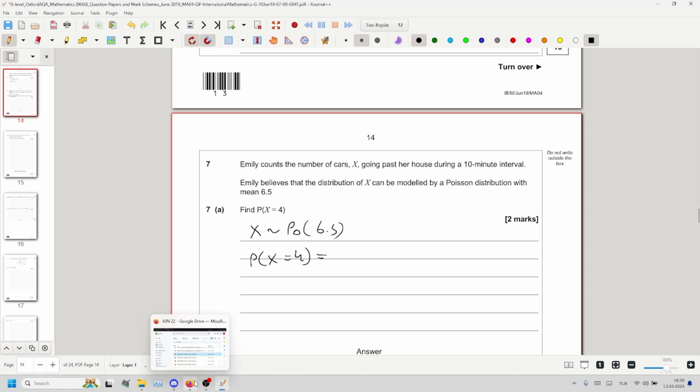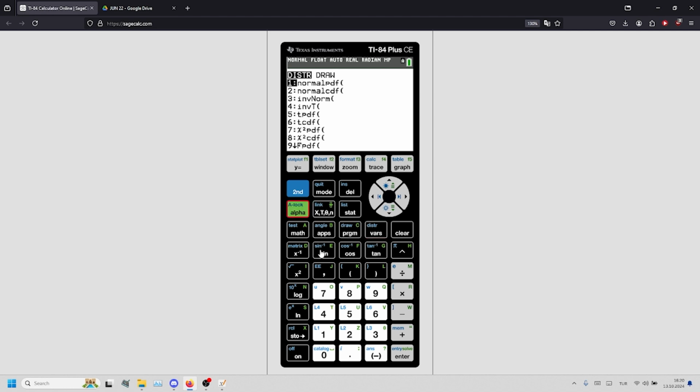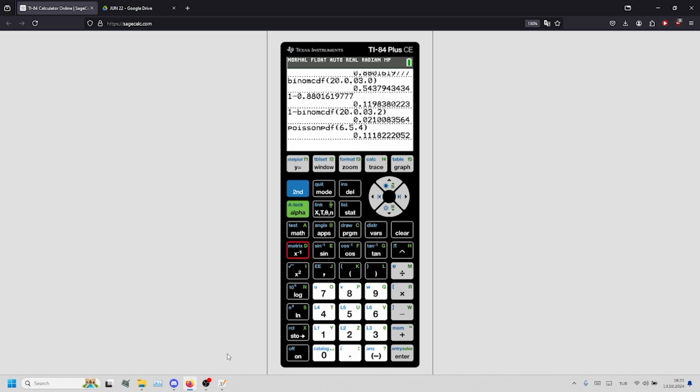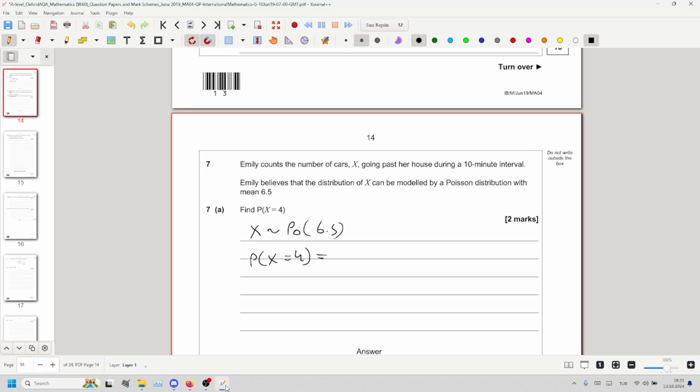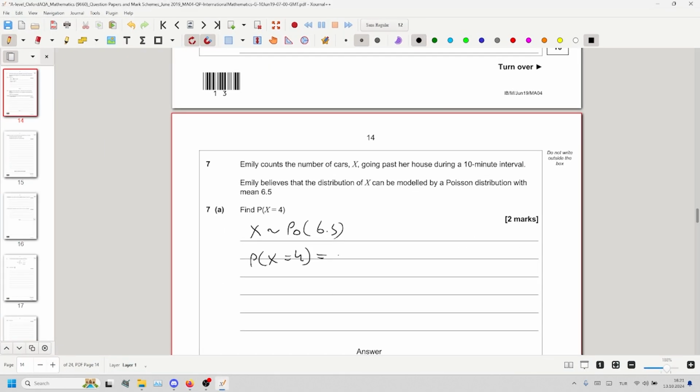That will be the Poisson PDF, with 6.5 and an X value of 4. That is 0.1118. So it's going to be 0.112.